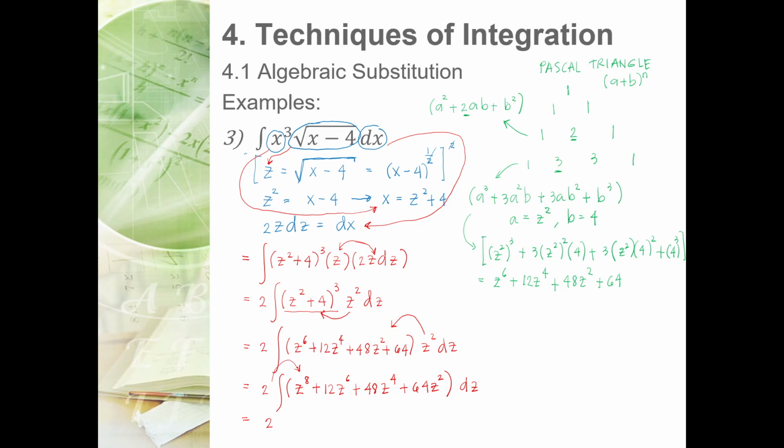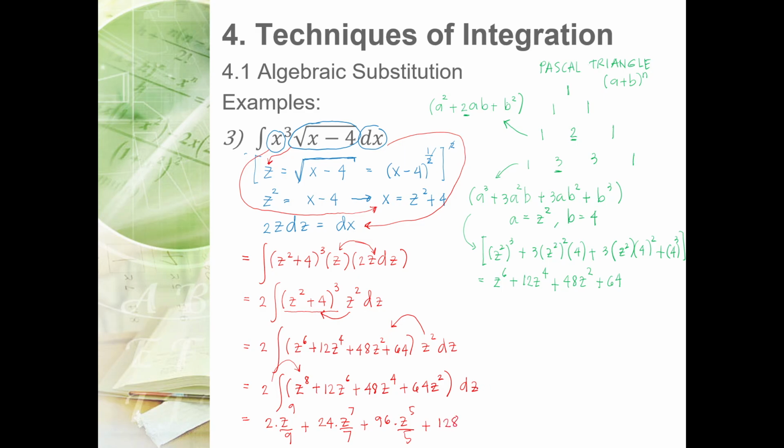It's on the outside of the integral symbol. 2 times z to the power of 9 over 9, plus 2 times 12, that would give us 24 times z to the power of 7 all over 7, plus 48 times 2, that would give us 96, and then z to the 5th power all over 5, and then lastly would give us 128.